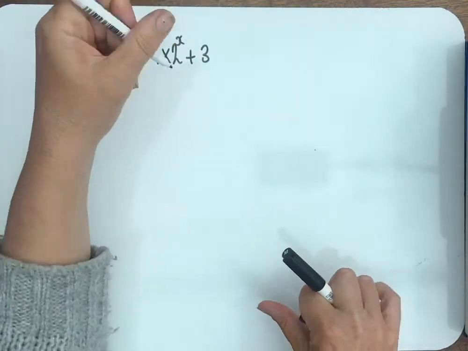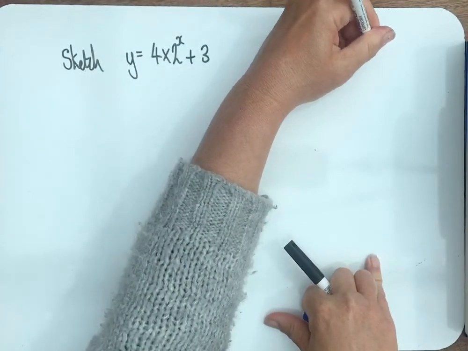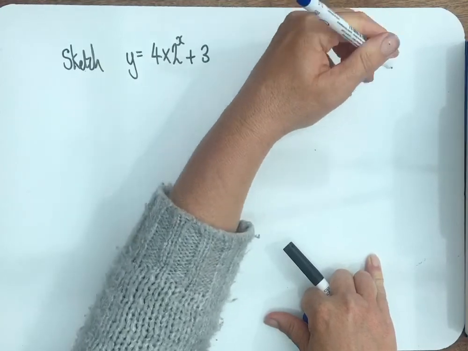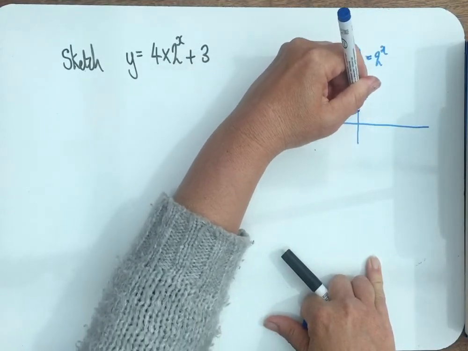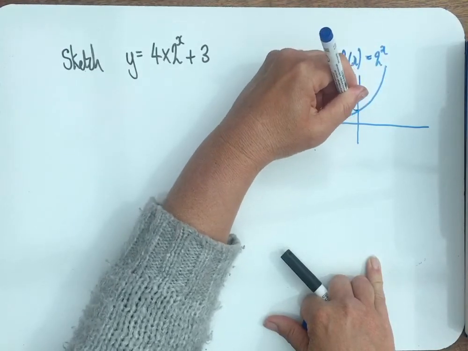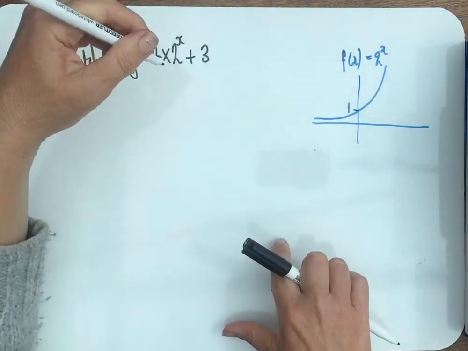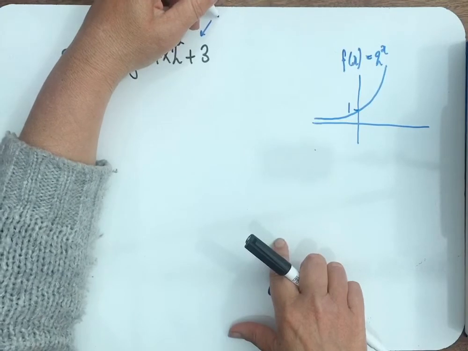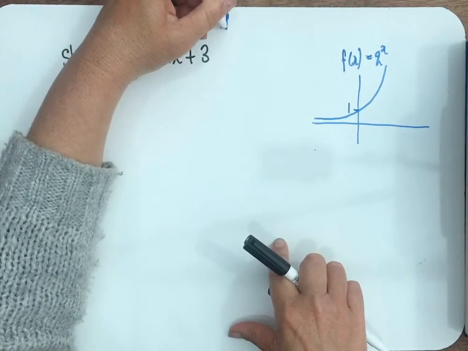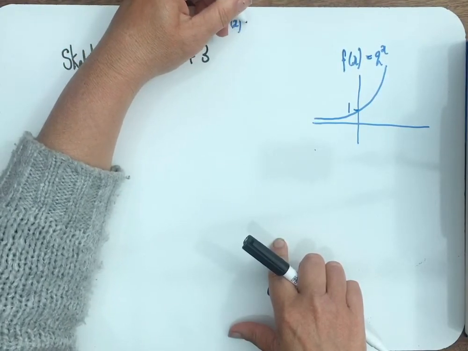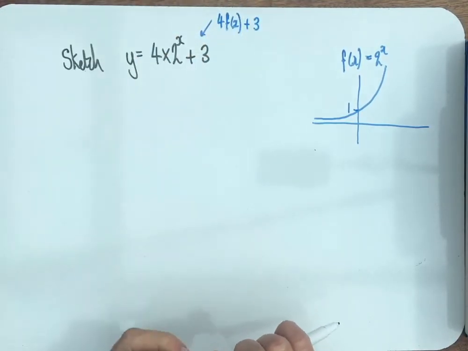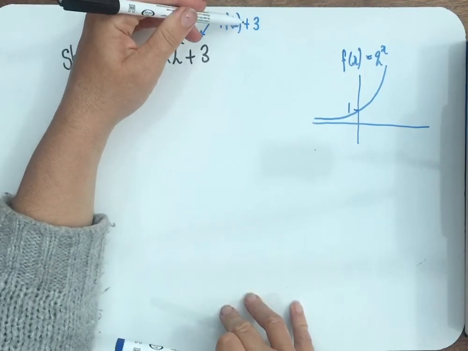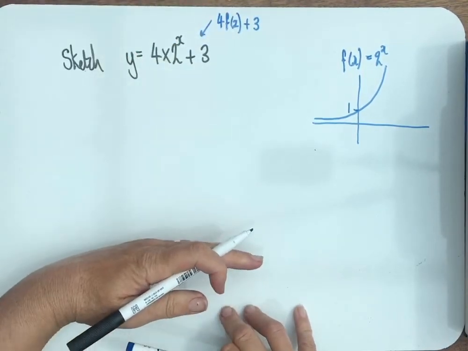So similarly again, if you've got f of x equals 2 to the power of x, so that is exponential growth going through 1. Then this is like having 4 lots of f of x plus 3. So you've got a stretch by 4 in the y direction, and then plus 3 moves you up by 3.